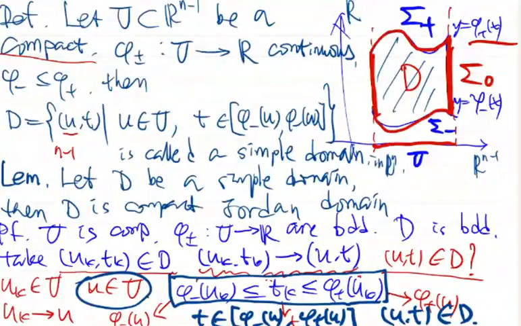Sigma plus and sigma minus are graphs of continuous functions. And how about sigma 0? Consider the projection of sigma 0 in R^(n-1). In this picture these two are the endpoints of U, but in higher dimension, they are the boundary of U. I will write sigma 0 for you on the next page.